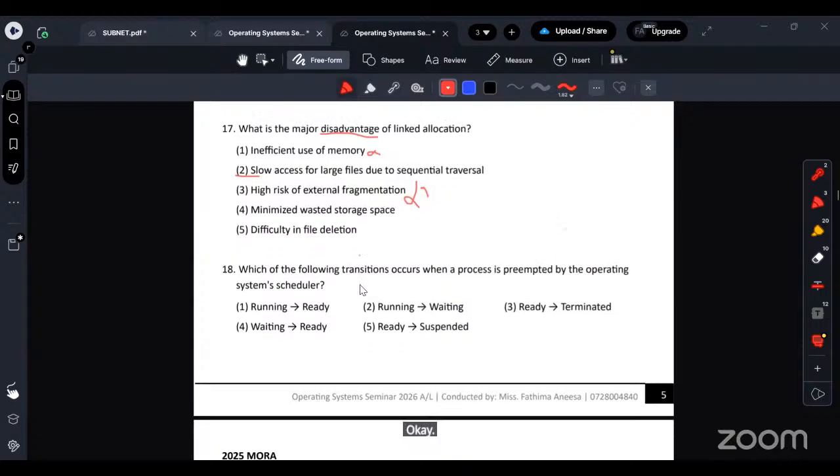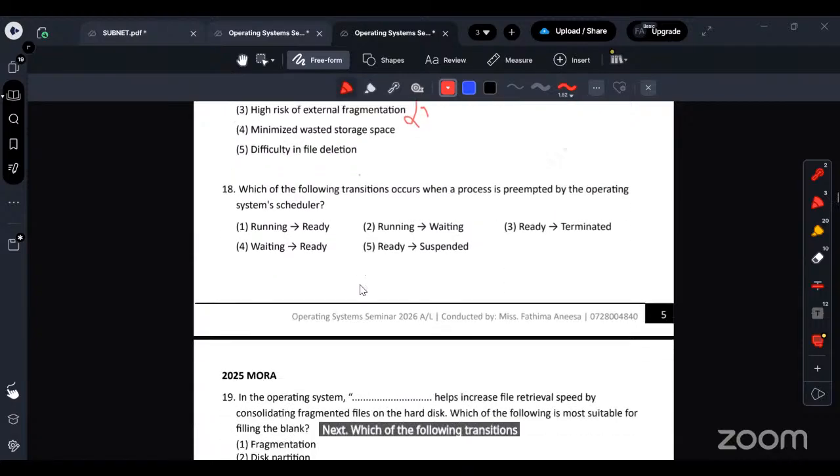Next. Which of the following transitions occur when a process is preempted by the operating system scheduler?